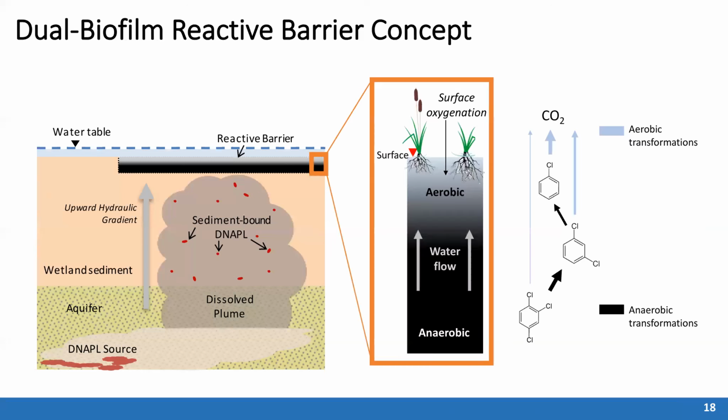And that's shown here. What will happen naturally is that the surface will be aerobic. The groundwater here is anaerobic. So as the water flows upward, it goes from the anaerobic to the aerobic zone. And this provides the opportunity for the trichlorobenzenes to be reductively dechlorinated, and then the monochlorobenzene to be oxidized to carbon dioxide, completely destroying the chemicals that are present.